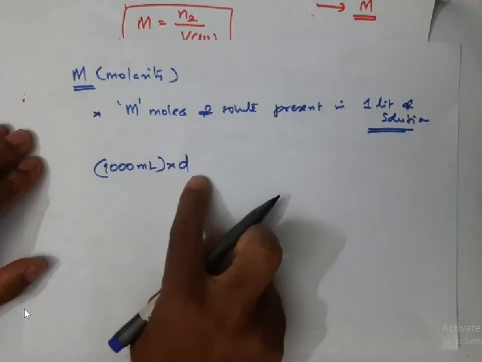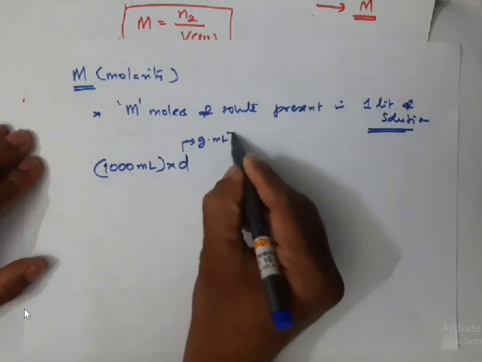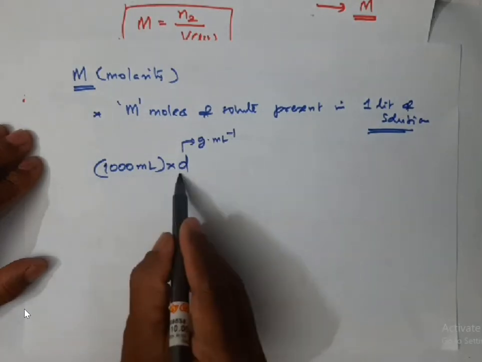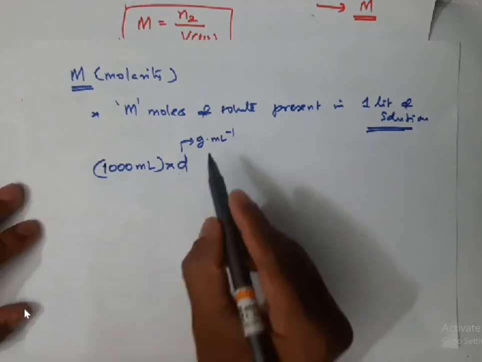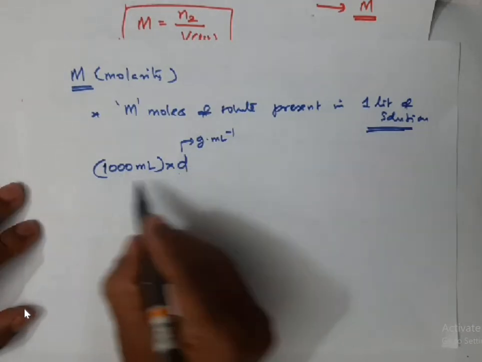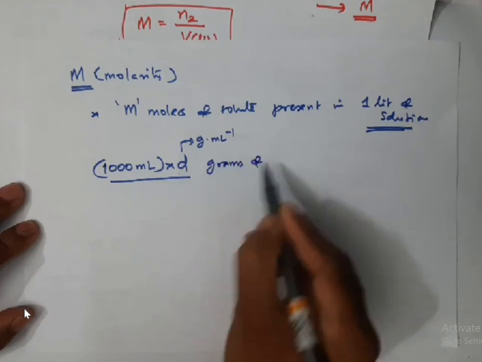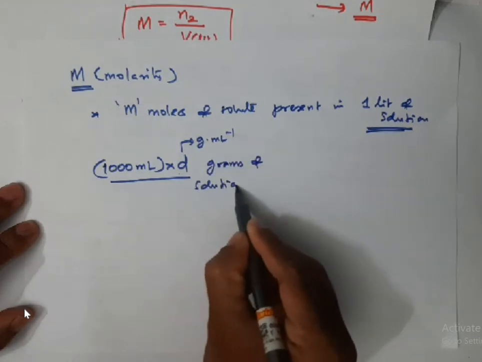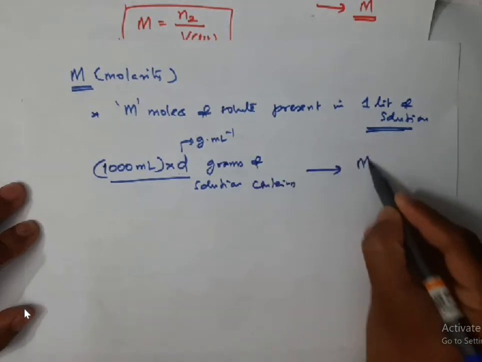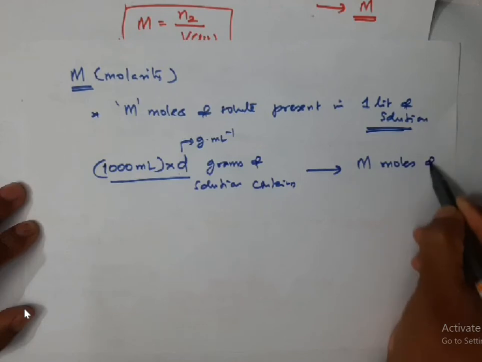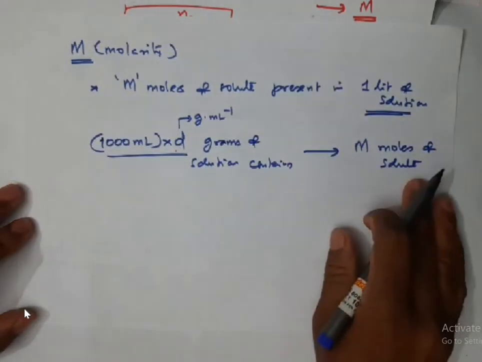Density should be in gram per ml. So 1000 into density will give you mass of the solution. 1000 into D, this much mass of solution, this much grams of solution contains M moles of solute.